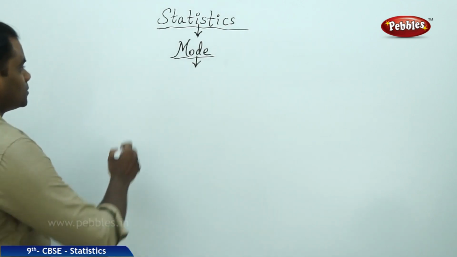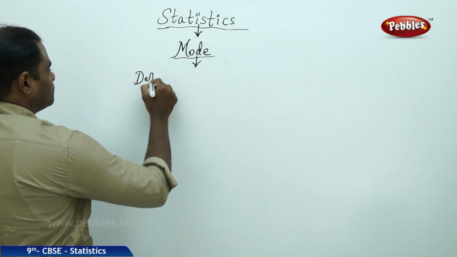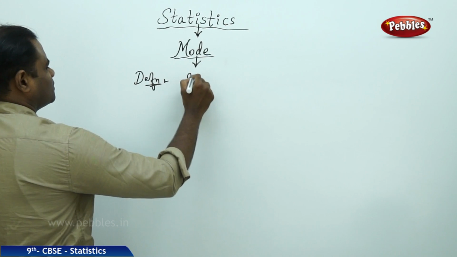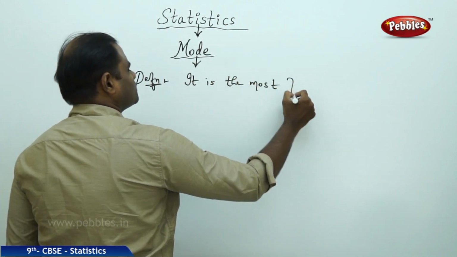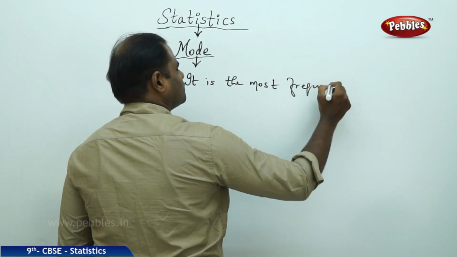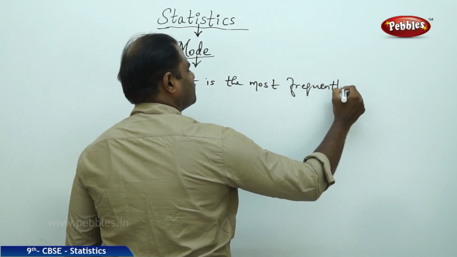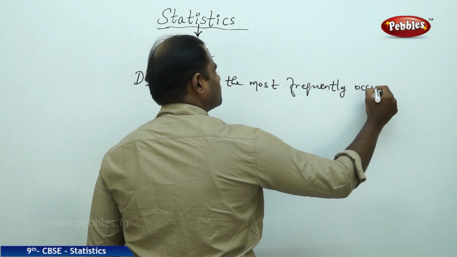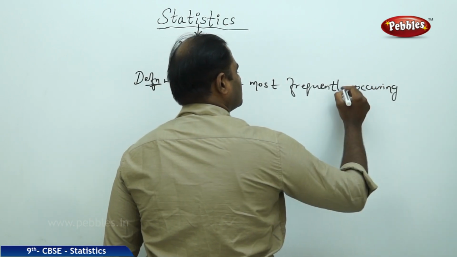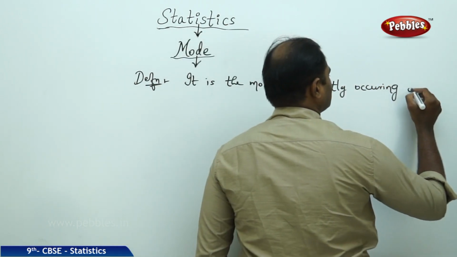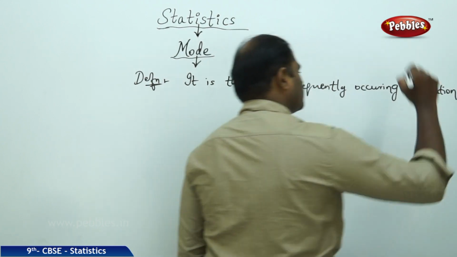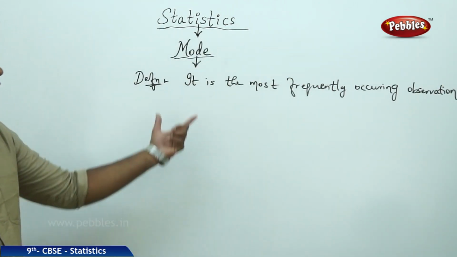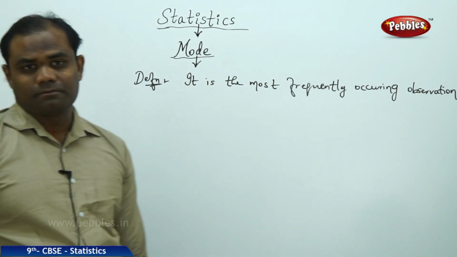To give the most simple definition, mode says it is the most frequently occurring observation.